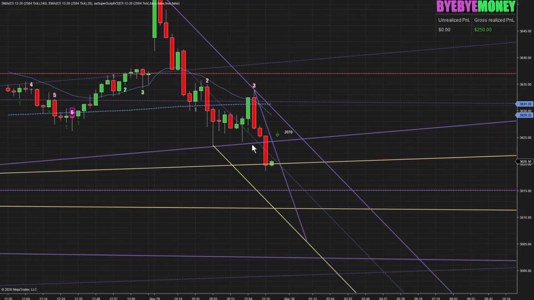Target filled. Alright, filled right there. At a good position, good spot.